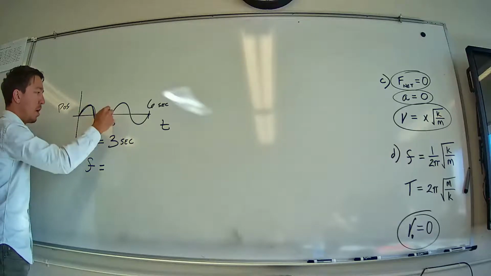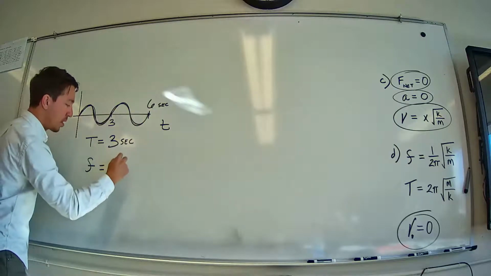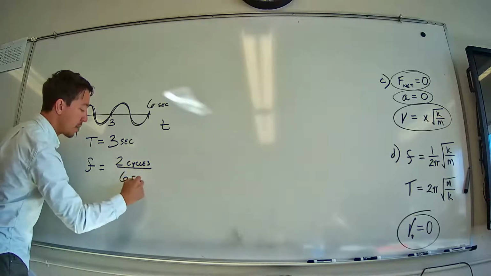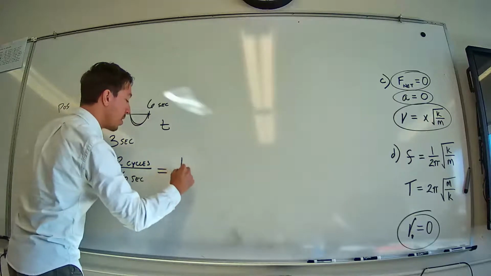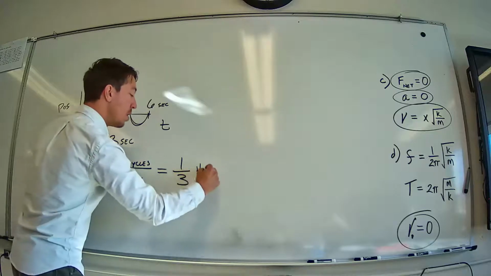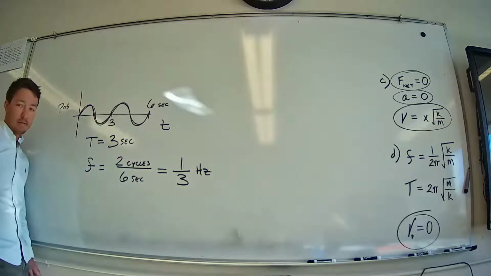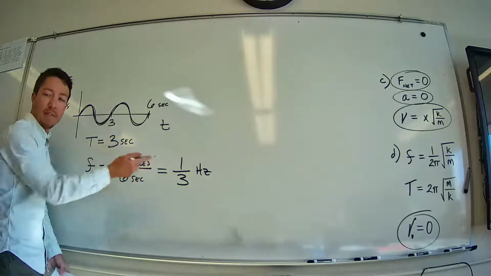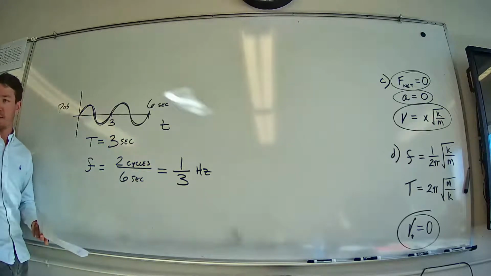And he did 1, 2 cycles over a 6-second period. So the frequency is 1/3. Who's correct? They're both correct, right? A period of 3 and a frequency of 1/3 are the same thing.